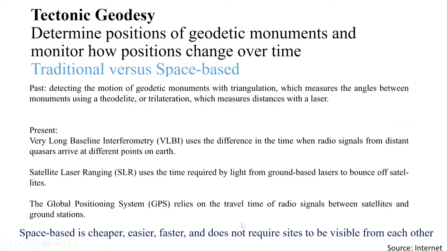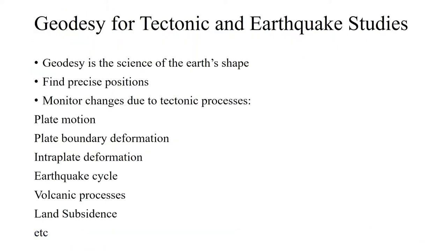What we require is a minimum of 4 satellites, and if more than 4 are available, that is best. Then you can use this technology to study plate motion, plate boundary deformation, intraplate deformation, the earthquake cycle, volcanic processes, land deformation, etc. These are very critical studies which are now possible with present technology.